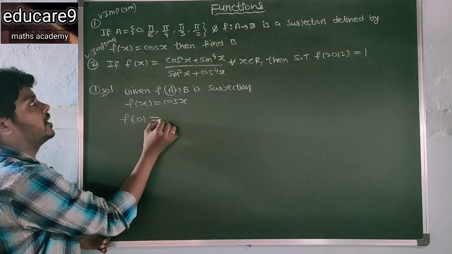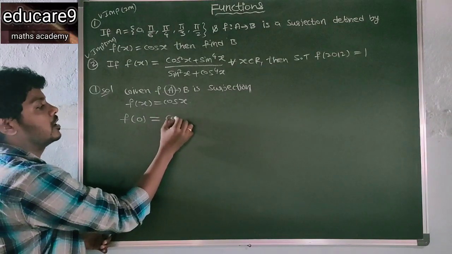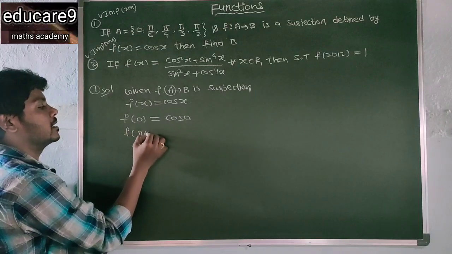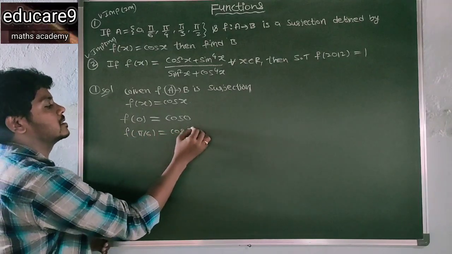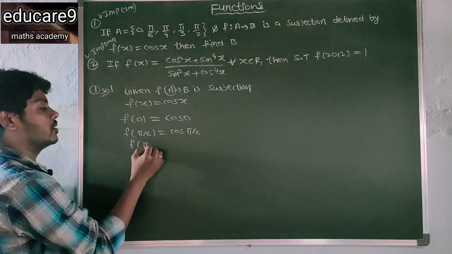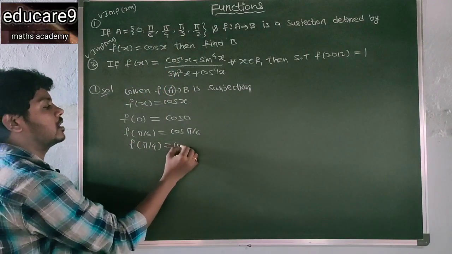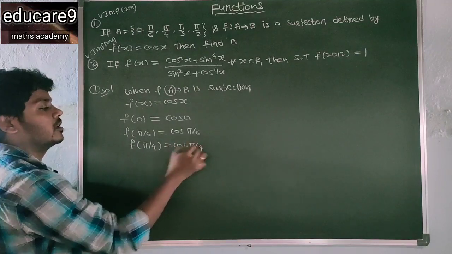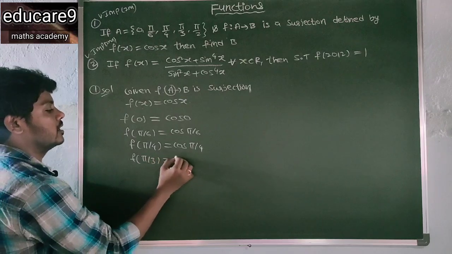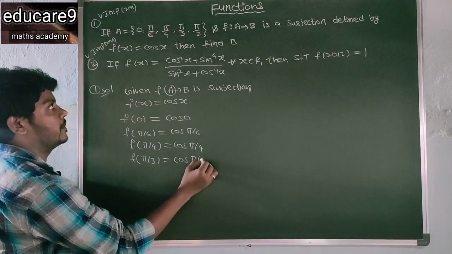So what you get? f of 0 is cos 0. And f of pi by 6 is cos pi by 6. Next one, f of pi by 4, that is cos pi by 4. And f of pi by 3, so that is cos pi by 3.